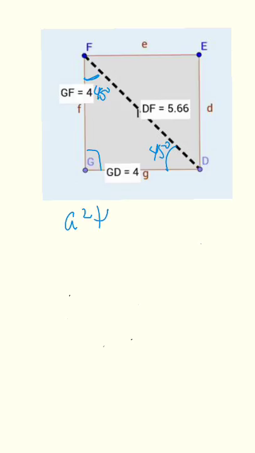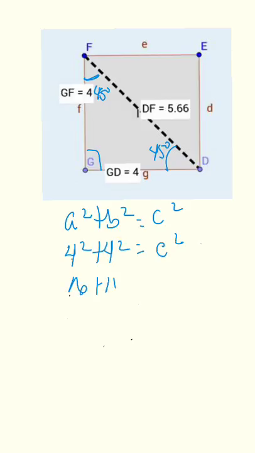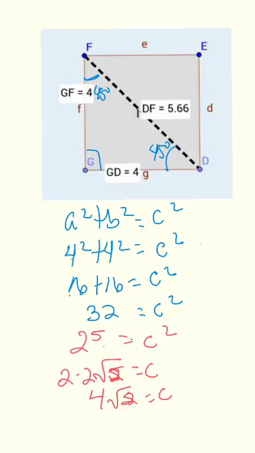And we're going to look for groups of 2. So we can say that 2 times 2 times the radical of 2 equals c, or 4 square roots of 2 equals c. And if you put that in your calculator, you should get approximately 5.66.